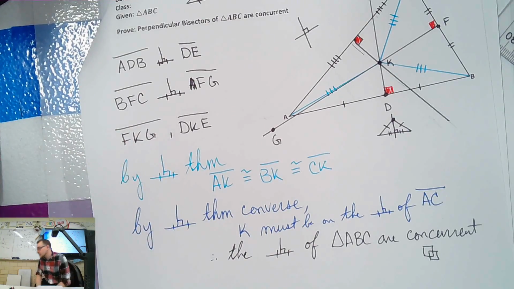So while you're copying this down, that's what they wanted. I'll run through it one more time if you need to see it. They intersect at some point, we'll call it K. If they intersect at a point, K must be the same distance from here to here as here to here, because it's on the flagpole, right? You cool with that?